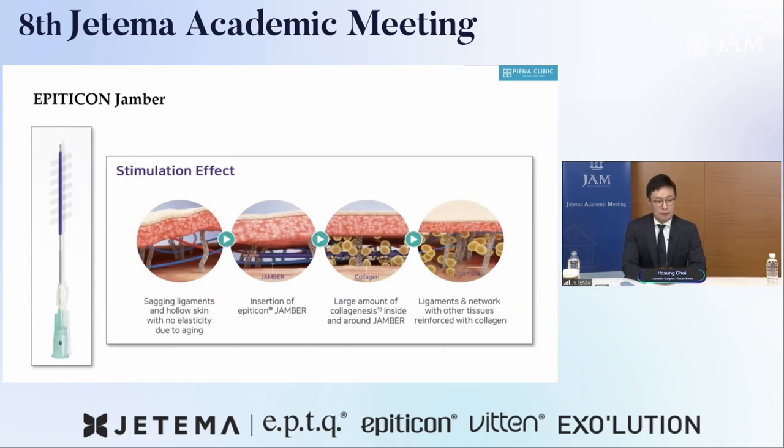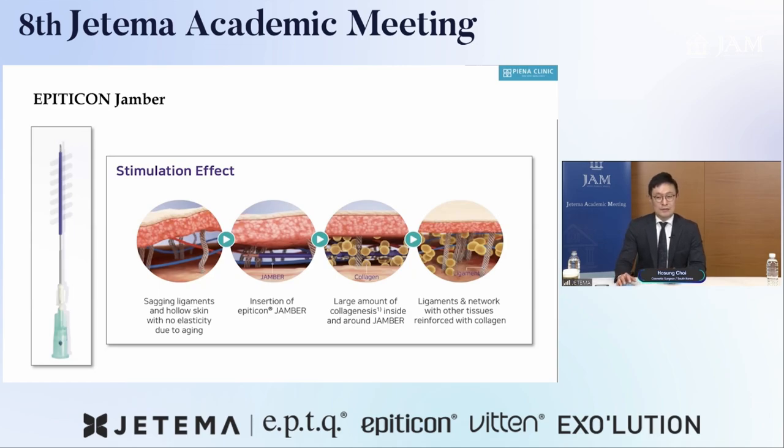It's my favorite product because Epiticon Chamber is a spring-type PDO thread coiled on a blunt cannula. And once it is inserted into the subcu fat layer, neocollagenesis occurs inside and outside from the spring structure.